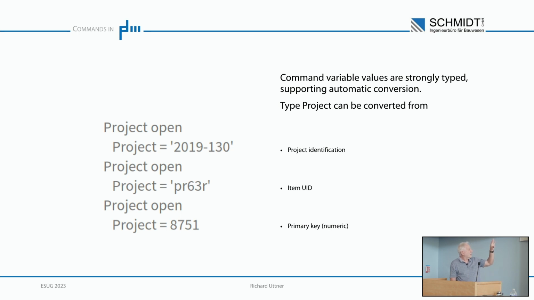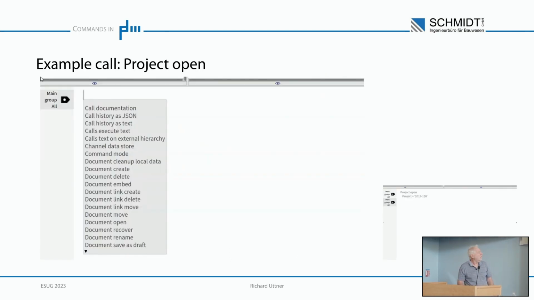That's one thing which is important for understanding the next slides about how we get our values. What I provided here is an example. Now let's see how that project open call is executed.